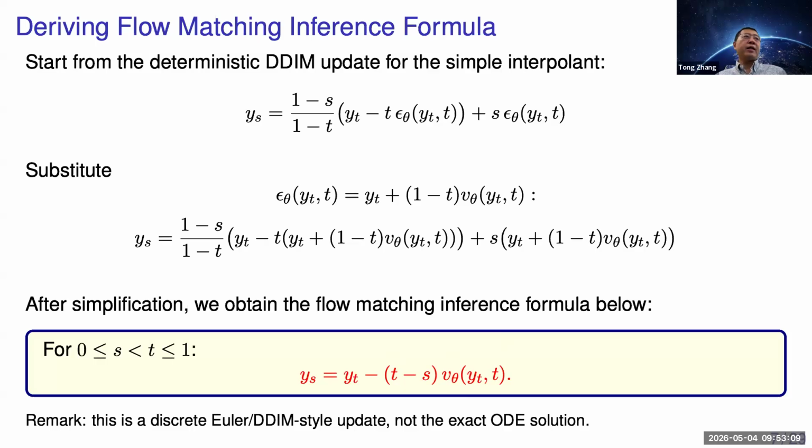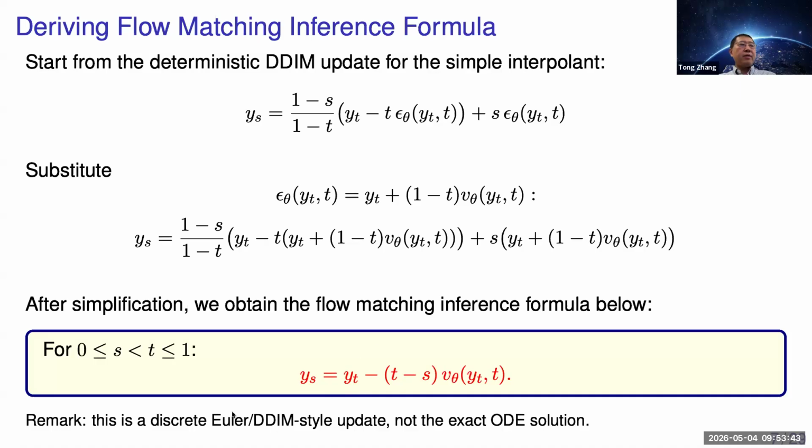Most people look at this particular linear formula of generating yt from y0, and when they do the reverse generation, they start with Gaussian. Now you can start with Gaussian with t equals 1, right? This y1 is truly Gaussian, so there's no approximation. Unlike DDPM, DDIM, where you start with approximate Gaussian, you just replace it by true Gaussian, right?